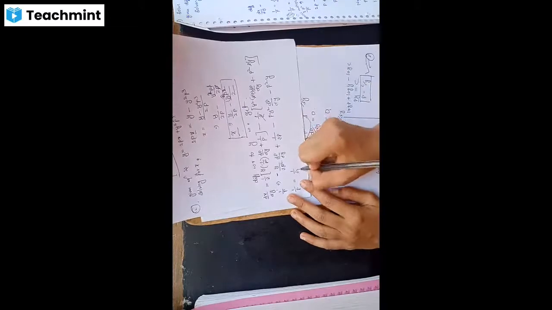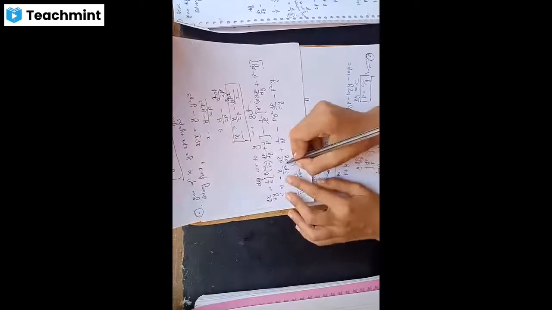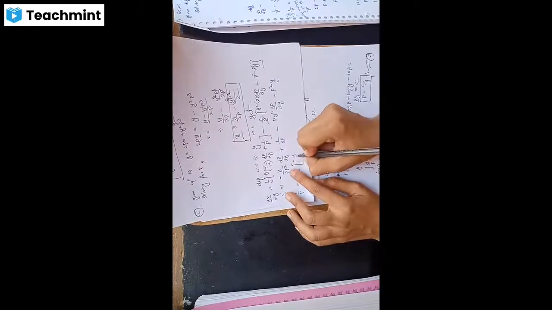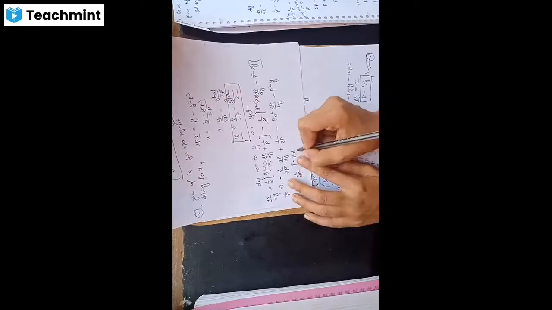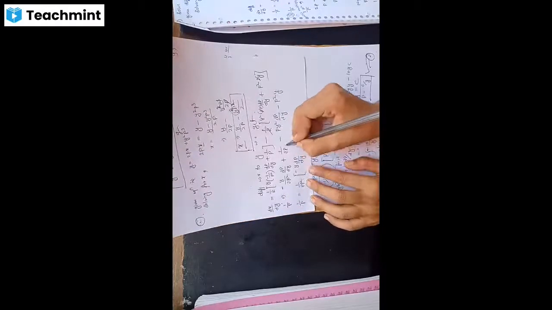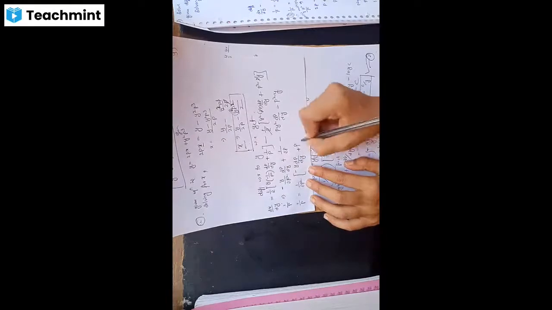So the remaining terms are minus y dp by dy. Taking 1 by 2p square, one p term remains, so it becomes plus p.